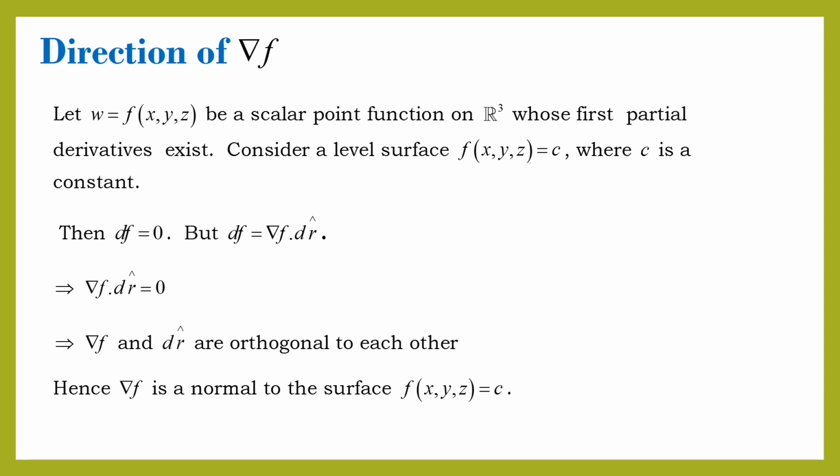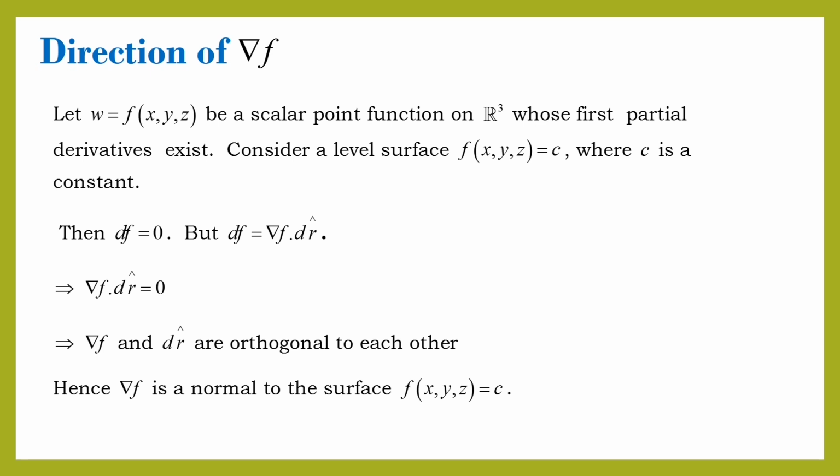Now, because f is a constant, its total derivative df is 0. What is df? We derived one formula: del f dot dr cap equals df. Because df is 0, del f dot dr cap becomes 0.